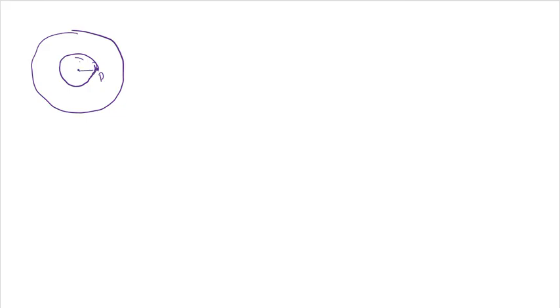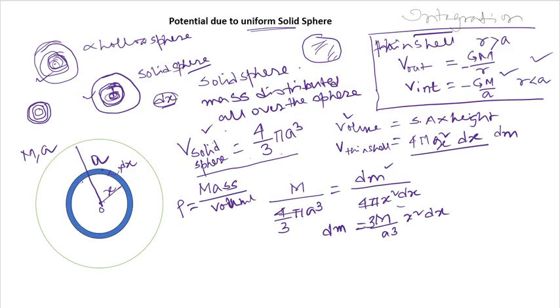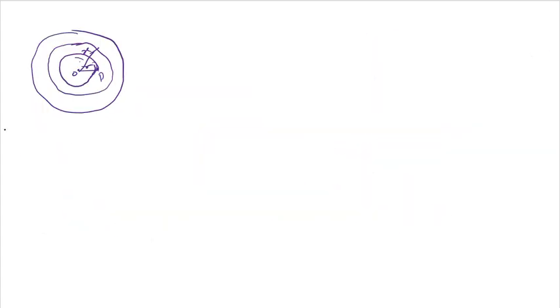This point inside is at distance r from the center O. Then I have taken a very thin shell with thickness dx at distance x. Whatever we did earlier, the same thing we are doing here. We have already calculated the potential at this point P due to the inside solid sphere, correct, and we got it.